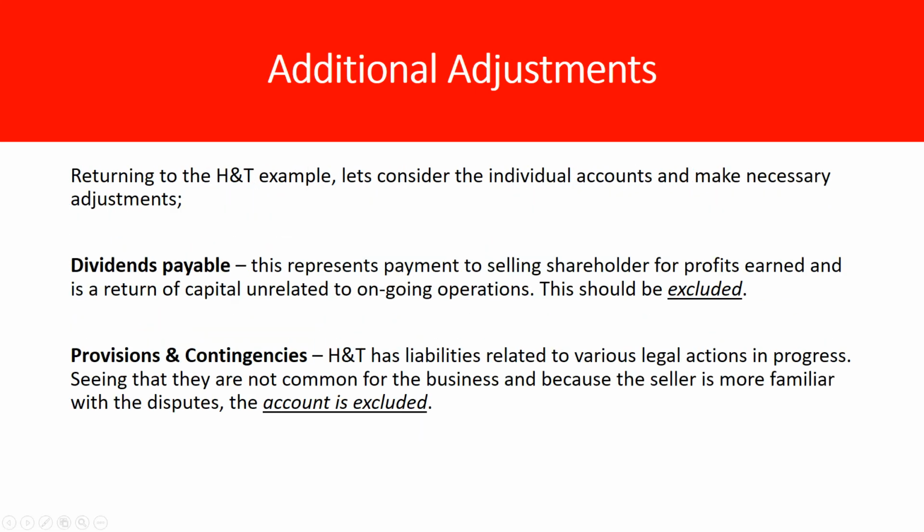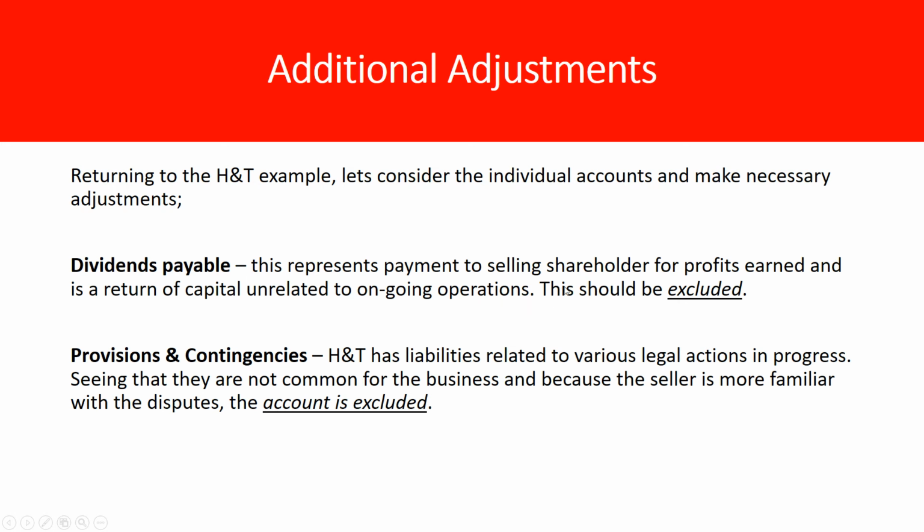So returning to the H&T example, let's consider the individual accounts and make necessary adjustments. In this example, you can argue that dividends payable represents a payment to the selling shareholder for profits earned and is a return of capital unrelated to ongoing operations.